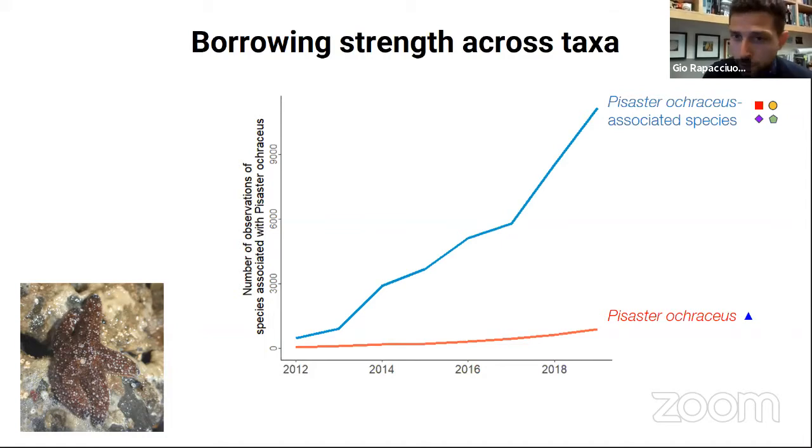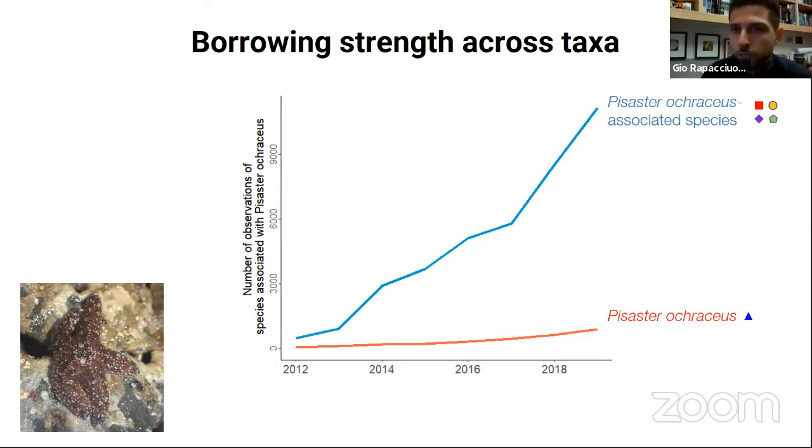But we know that that's not the case. What we have to do is look at observations of Pisaster ochraceus as a function of observations of other species that had been collected either with it in the same places and over the same times and by the same users. Those could be species that are ecologically related or other, for example, charismatic species on the rocky intertidal that tend to be recorded if Pisaster is observed.